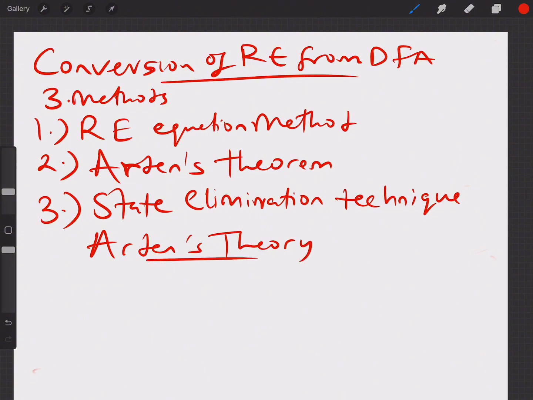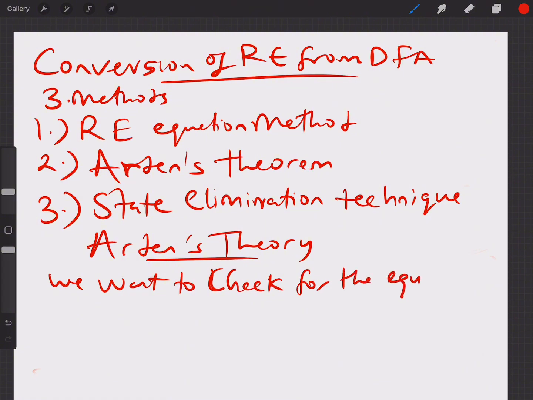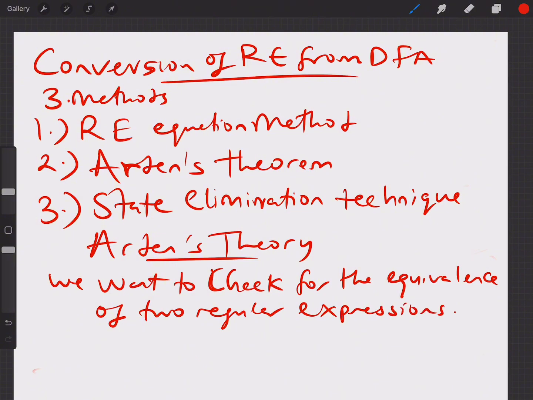Let's talk about Arden's theorem for a bit. What is Arden's theorem trying to do? We want to check for the equivalence of two regular expressions.